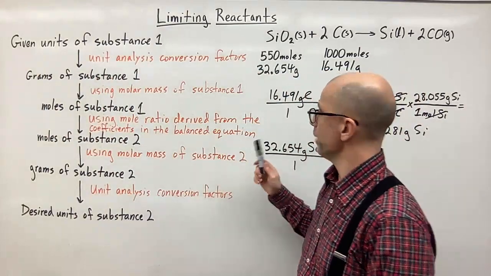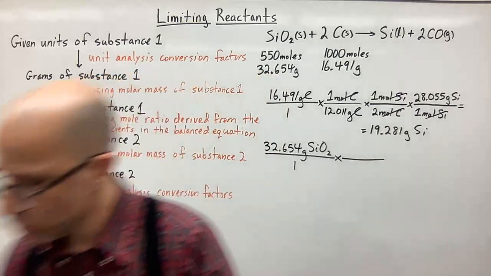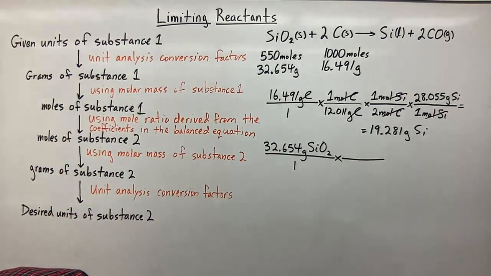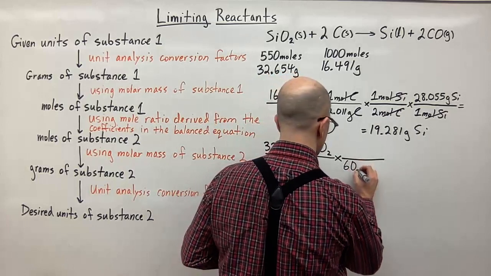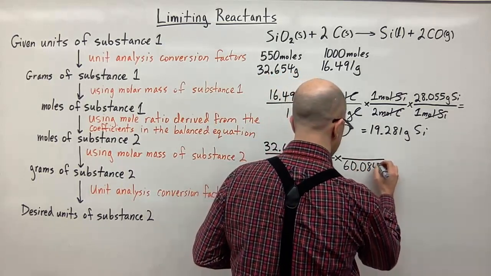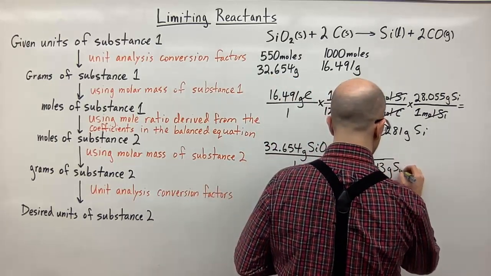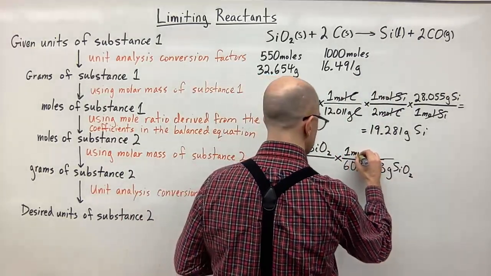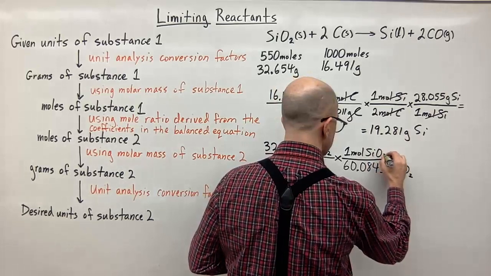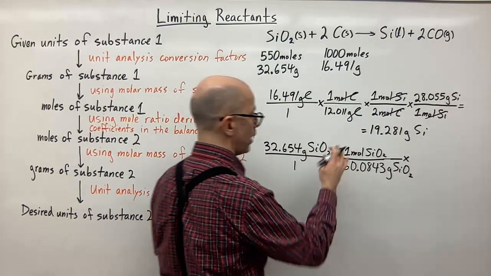So when I look that up, it's 60.0843. So 60.0843 grams of SiO2 on the bottom and 1 mole of SiO2 on the top. So now I got moles.